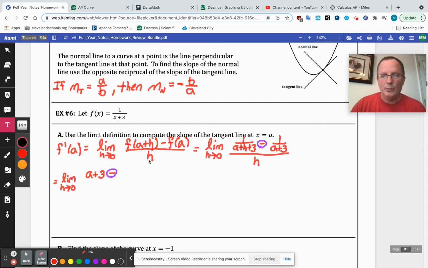So that 1 would get multiplied by a plus h plus 3. And then my denominator would be those two multiplied together, so a plus h plus 3 times a plus 3.